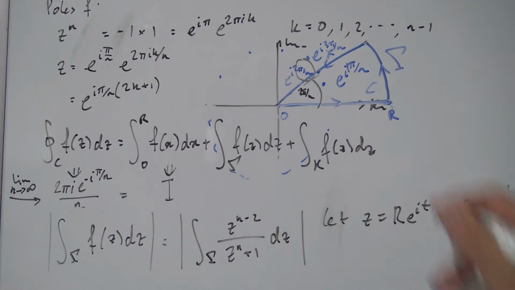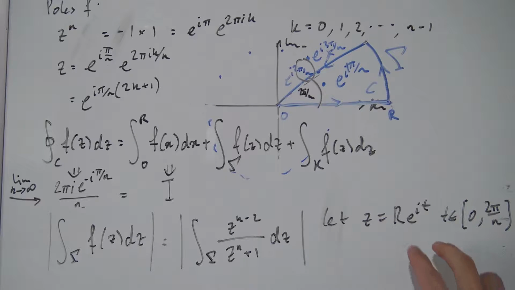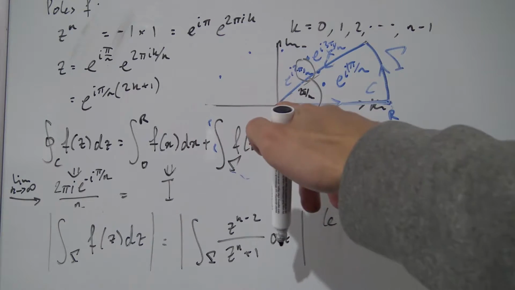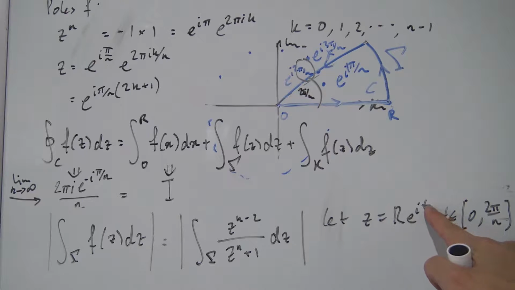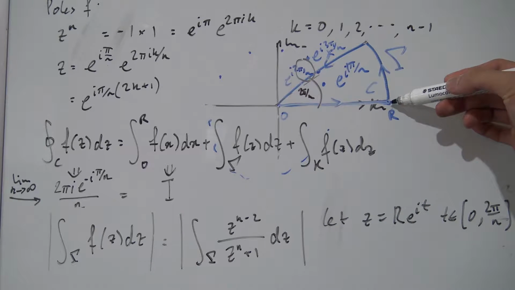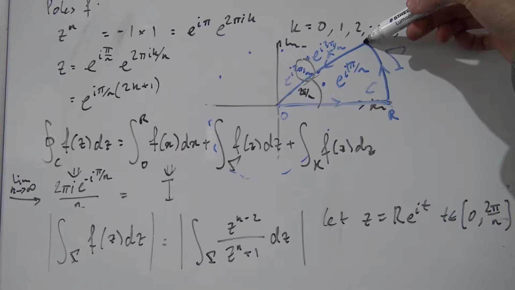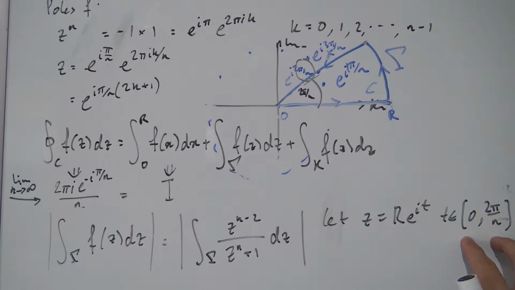So 2 pi over n in radians. So if you look at our parametrization right here, we have r times e to the it. So that's pretty much a circle of radius r around the origin. And then our t, that's just the angle. So we want to start from an angle of 0 and go all the way up to an angle of 2 pi over n. So that's why this parametrization works for this path right here.